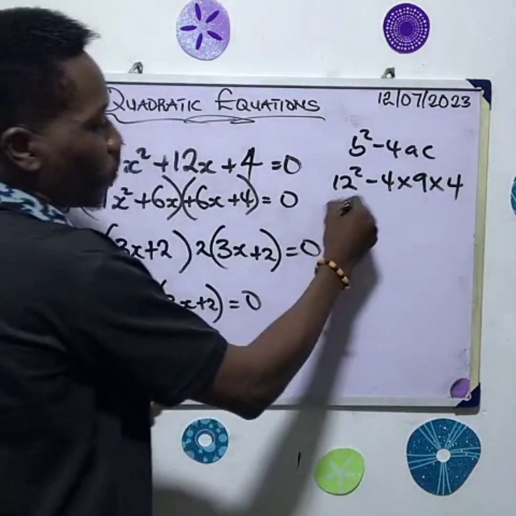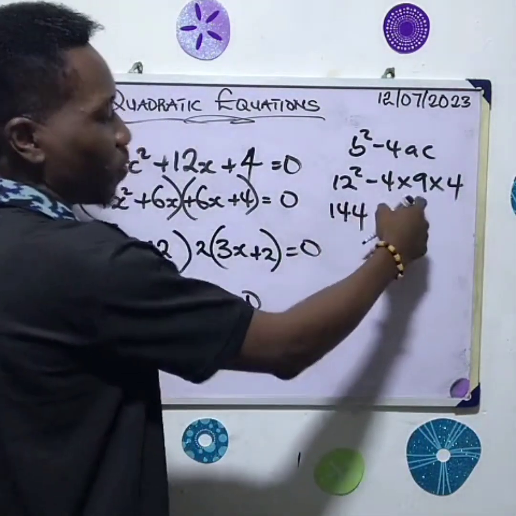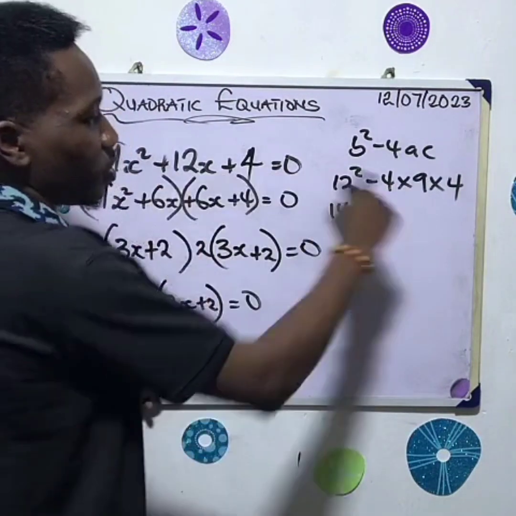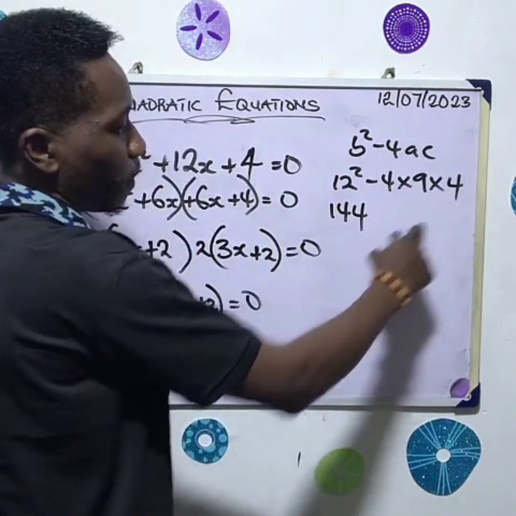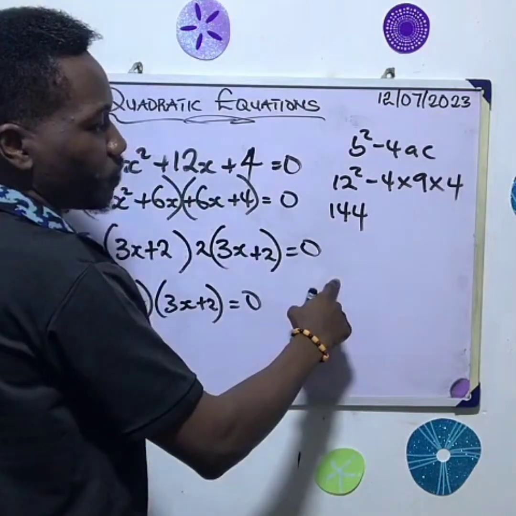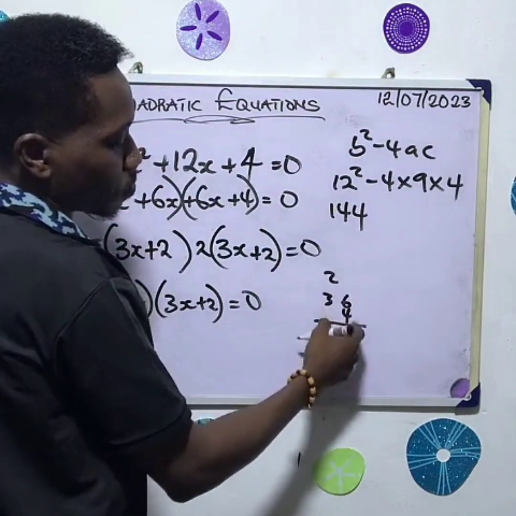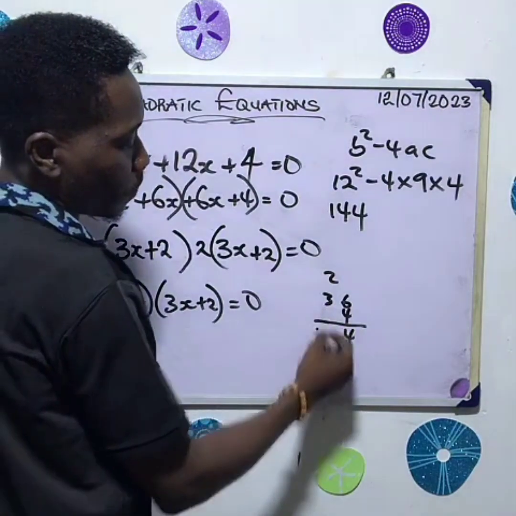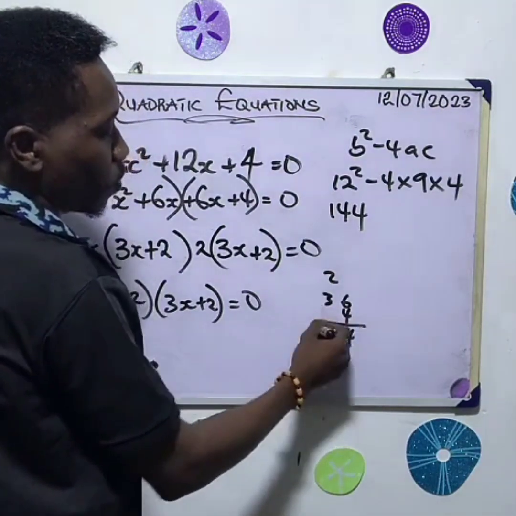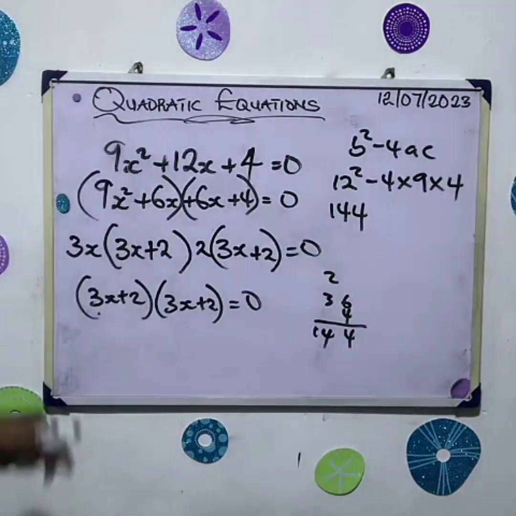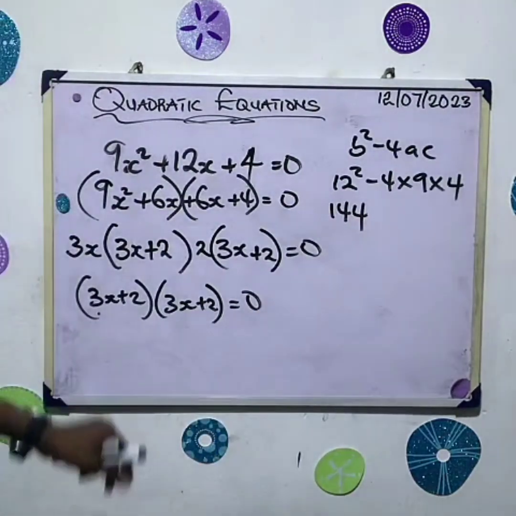So that's 144 minus 4 times 9, which is 36, times 4, which is 144.